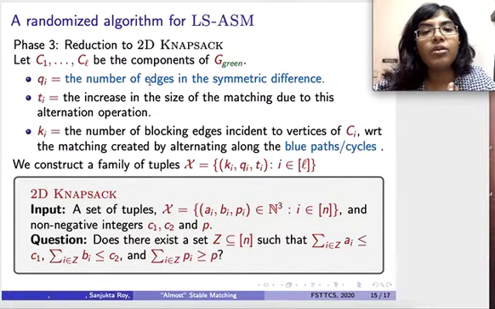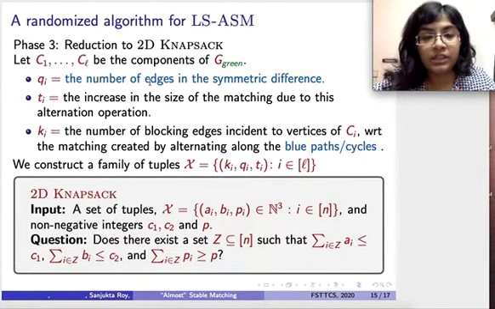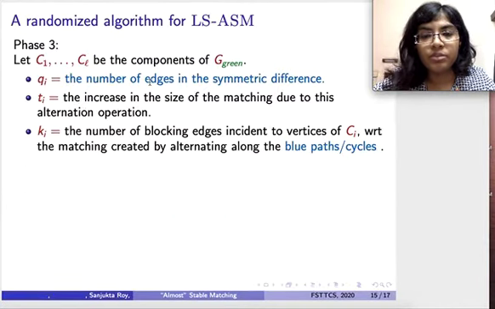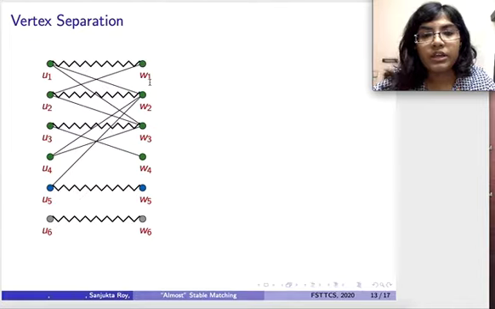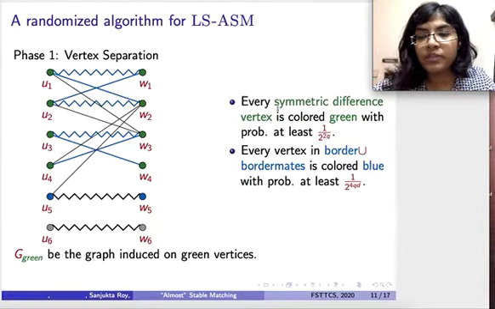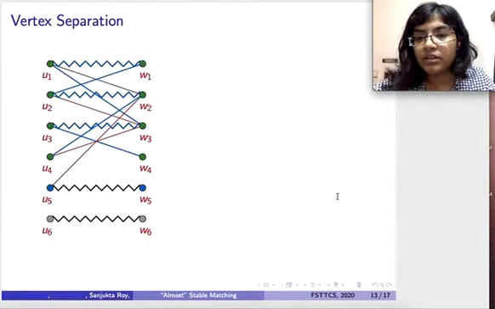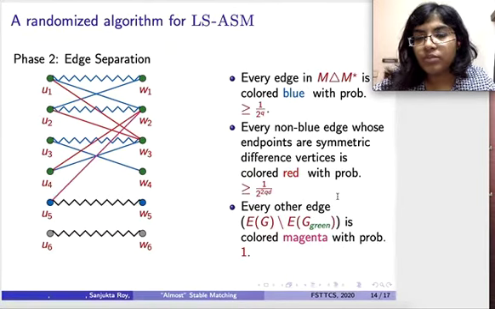Now how much time is spent? So this runs in polynomial time, but we randomly colored those vertices and edges. So we need to repeat the process to boost the probability, right? Here the probability was at least 1 by 2q, here it is 1 by 4qd, and here it is 1 by q again, and 1 by 2qd.